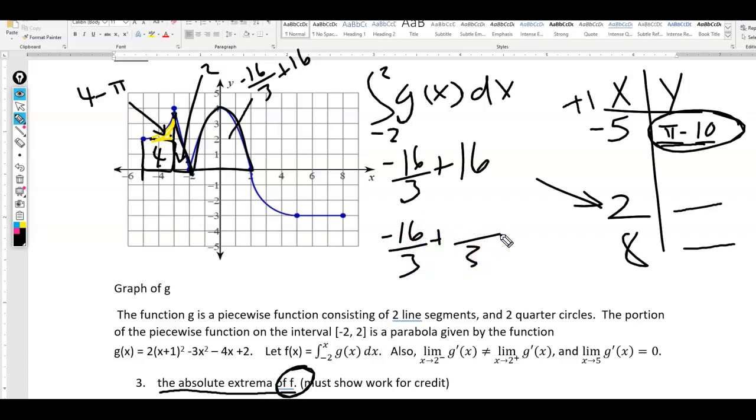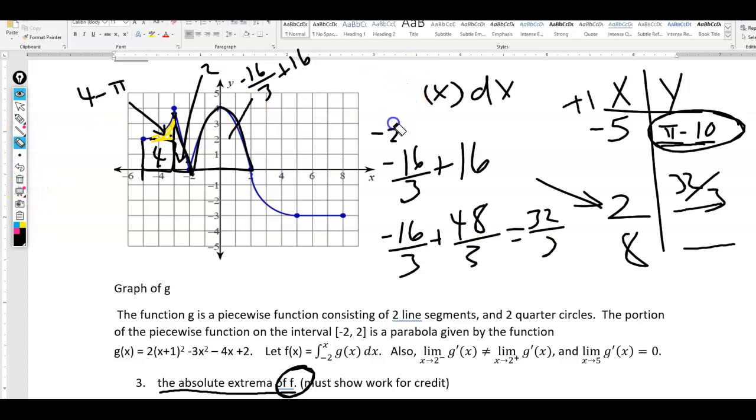That's good too. 48 take away 16, what would that be? 32. So we end up with 32 over 3, which is just a little bit less than 11, because 3 goes into 33 11 times, right? So 3 would go into 32 10 times plus something a little bit more. So there's that. All right, let's go ahead and do the last chunk now.